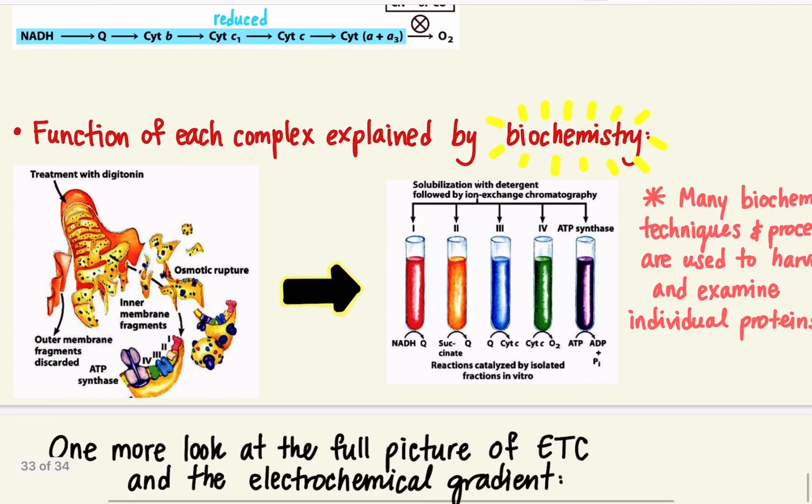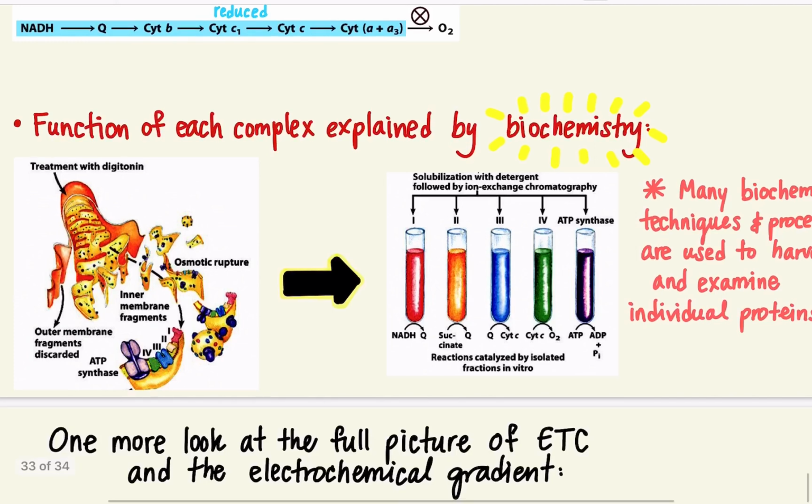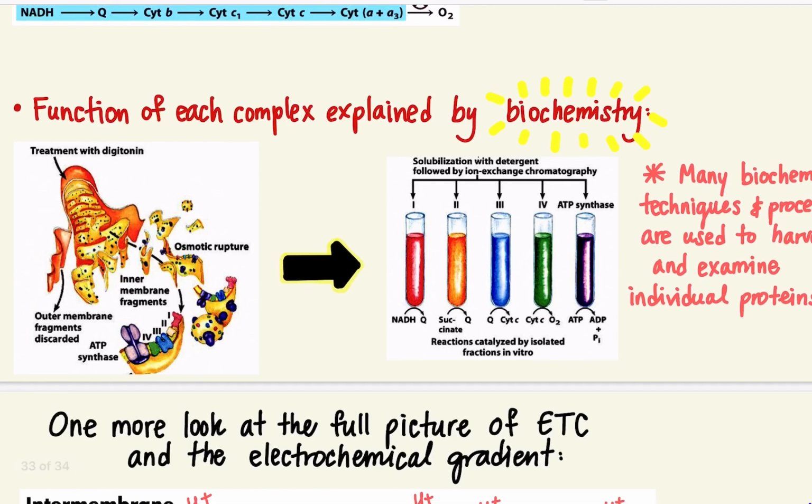Okay, and the last way of figuring out how these enzymes and complexes work is to simply do a lot of biochemistry, right? And I've drawn celebratory lines around biochemistry because this is a biochemistry class, but also I'm biased because I love biochemistry. But basically what scientists did is they took the mitochondria, right? They lysed it open. So lysis is to break the organelle, right? They broke the membrane.